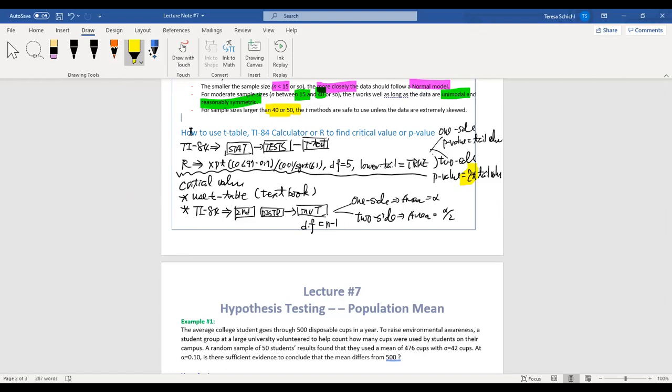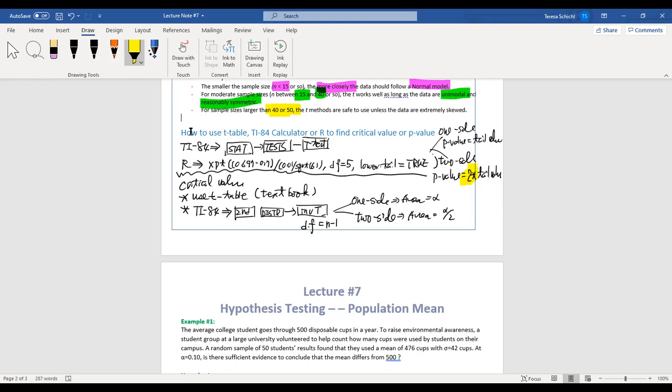Okay, so that's it. We talked about hypothesis testing for the population mean, here one population mean, when this population mean is equal to a specific value. Remember the difference between the z-test and the t-test. What is the big difference? It is whether sigma, the population standard deviation, is given or not given.